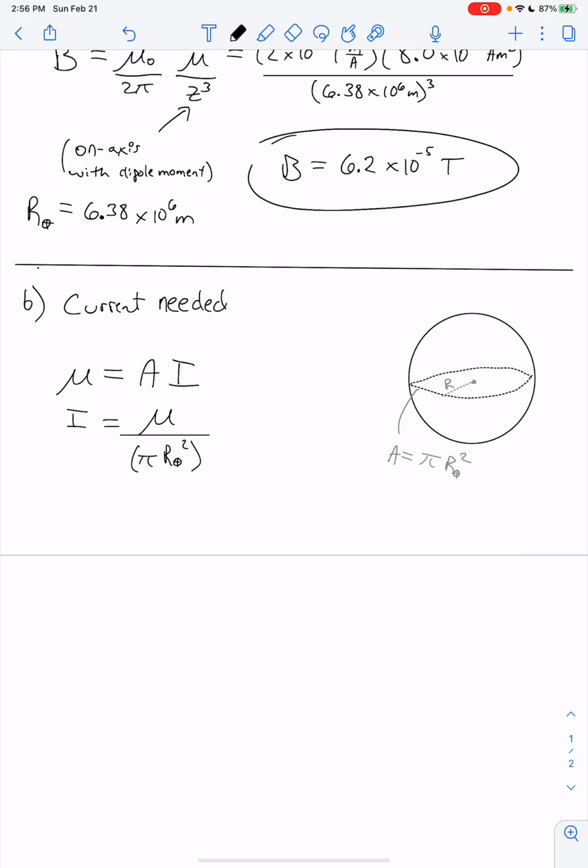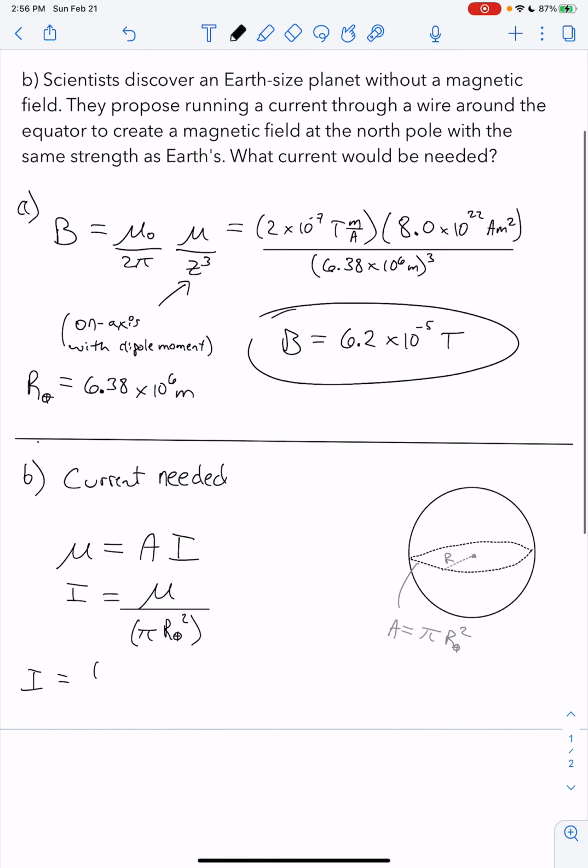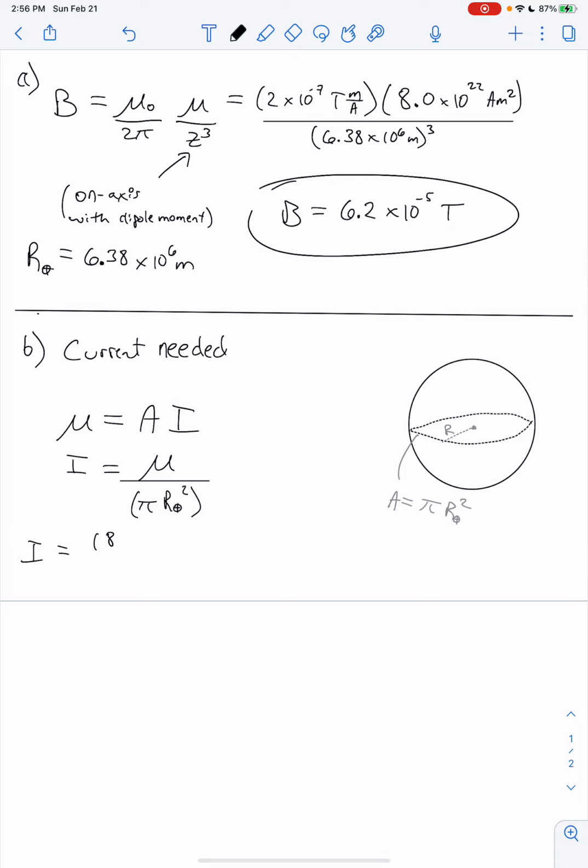And so we're going to put things in terms of I, which is what we want. And we know that mu is, what was mu? Mu is 8.0 times 10 to the 22 amp meter squared. And then we have our pi, and radius of the planet was 6.38 times 10 to the 6 meters squared.